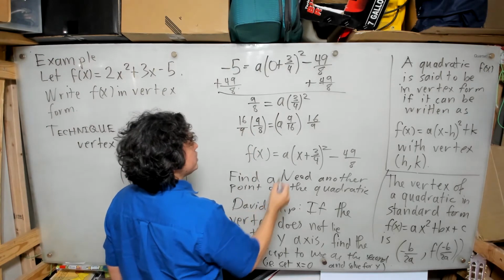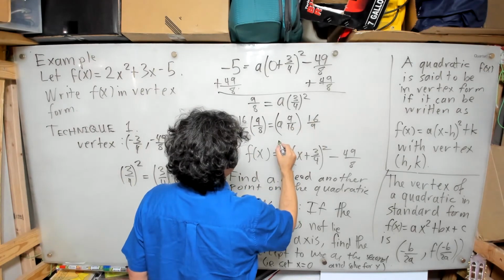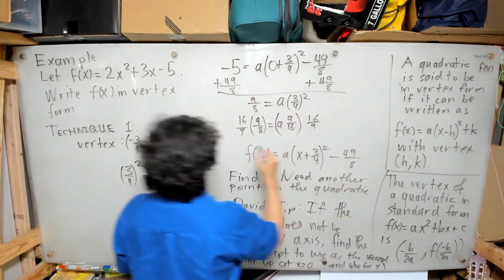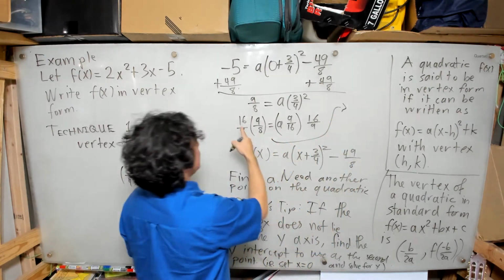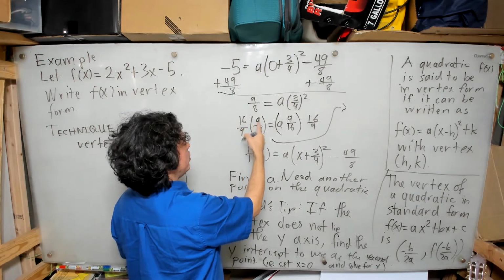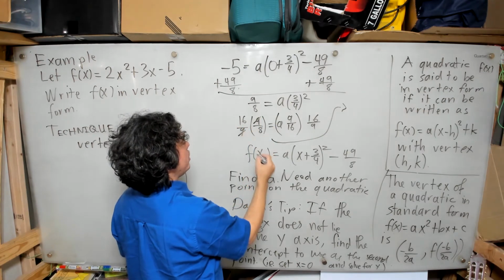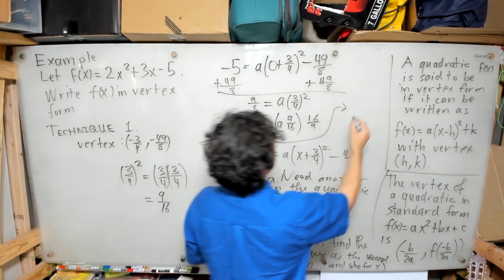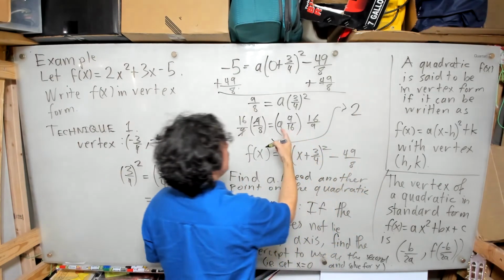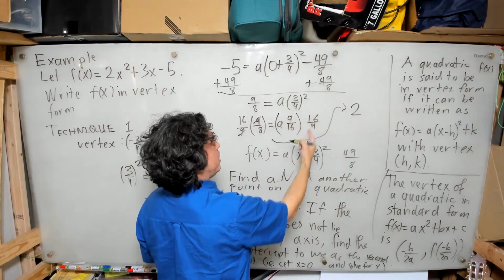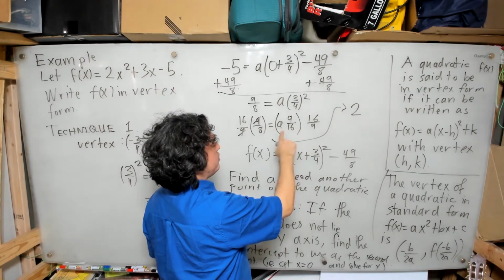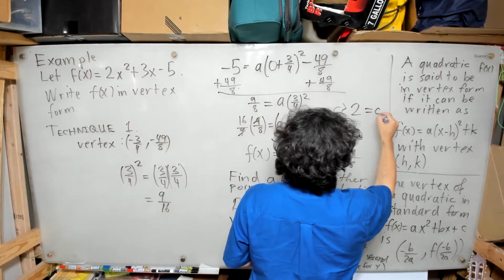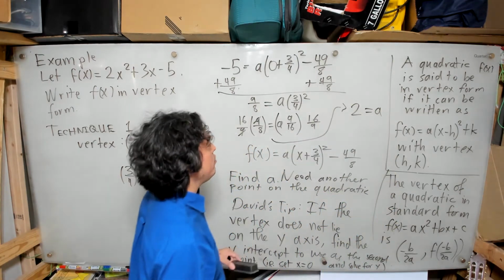Now we're left with just a. The 16, this 9 and this 9 go away. 16 divided by 8 is 2, so I'm left with 2 here. 9 over 16 times 16 over 9 is just 1, so it's 1 times a, which gives us a. Therefore we have found our a to be 2.